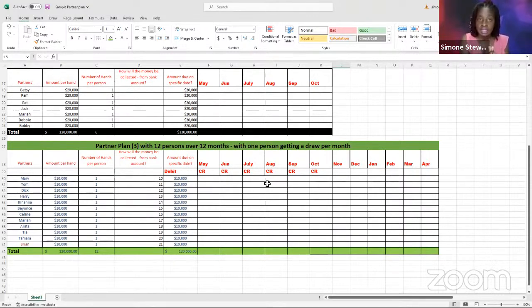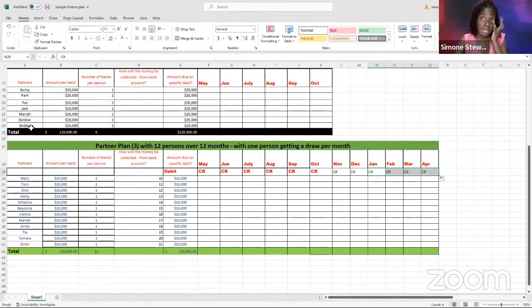So you will spread it based on the amount of persons you have in it, right? So each person has come up, and now you're going to decide who will receive the draw each month.